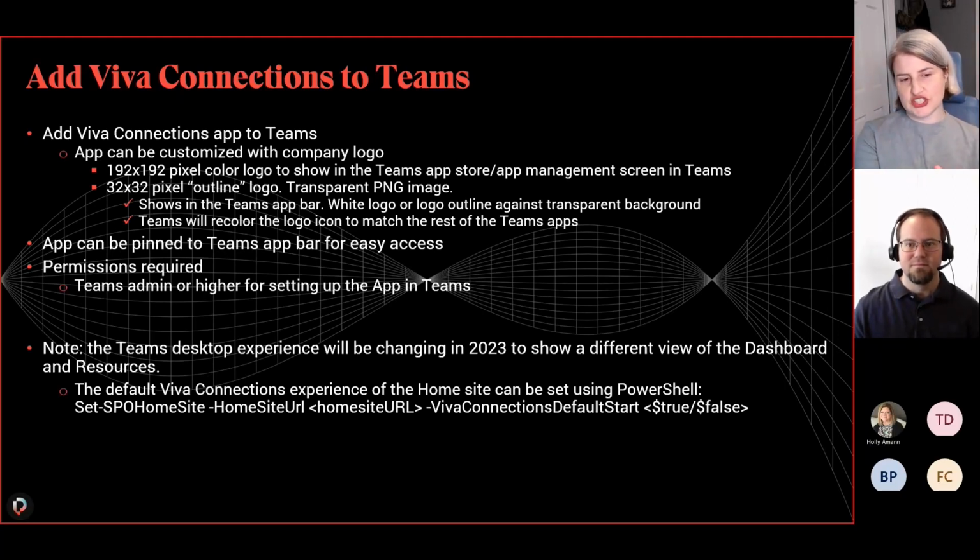But because of this change, I believe they are simplifying this in part because they have some customers who don't want to set up an intranet home site and design a page and do all of that work. This enables them to have a simpler way to get the resources they need by just setting up a dashboard and not doing a designated home site. So if that particular part of this is of any concern, look into that more, reach out to us, because we have those links and resources we can share with you.